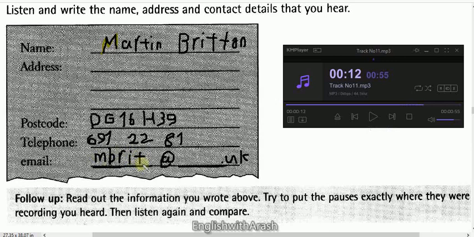MBRIT. Yeah, Element. The reason, Element, you don't hear R is because he's British and he says something like... it's hard for me to get as well, but I get it. He said MBIT, like RT. Mbrit at jetcom, that's jetcom.uk. Very good, Element. Thank you.